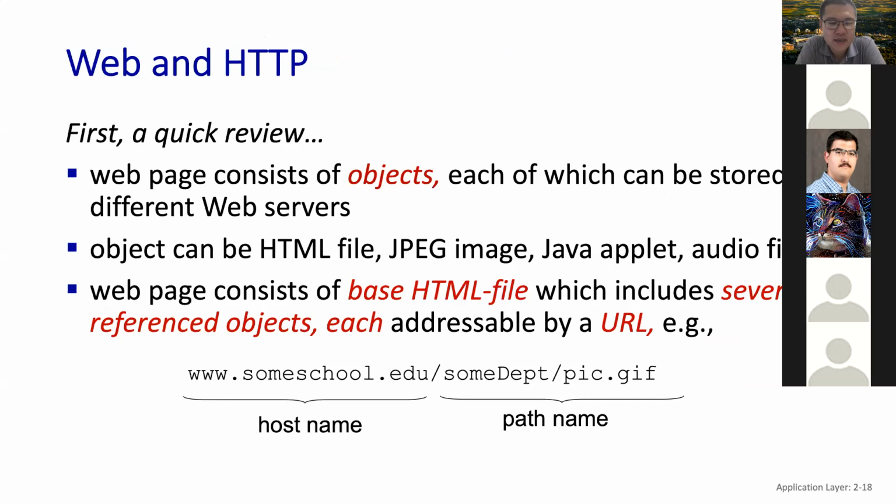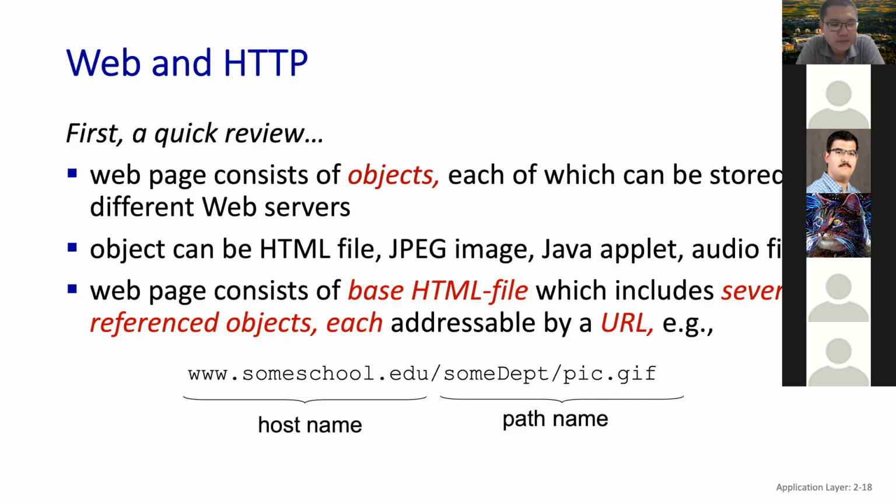So let's first quickly review what a web page is, right? Everyone may know that a web page consists of a lot of objects, each of which can be stored on different web servers. As we mentioned before, we have the web server and web client, right? Client talks to server, server provides something back to the client, right? So this is just the client and server paradigm we described.